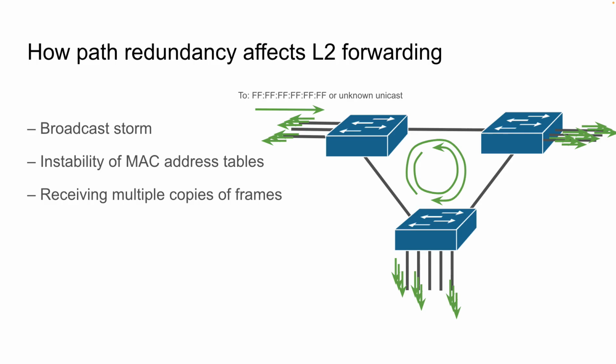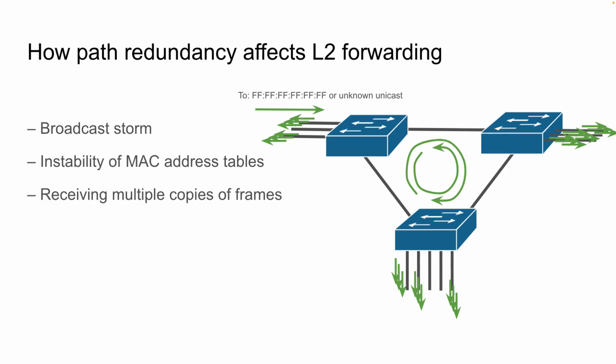The second negative consequence of layer 2 loops is instability of MAC address tables, because each switch must learn source MAC addresses, and the broadcast frames have, of course, unicast source MAC addresses, always.